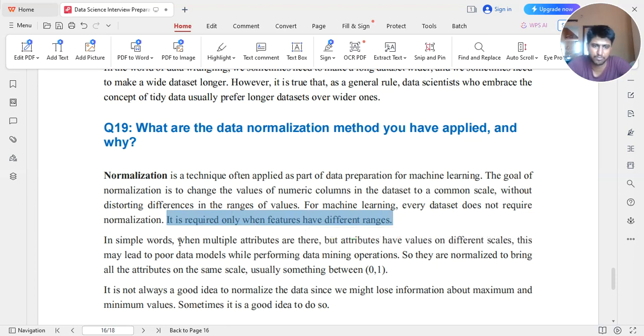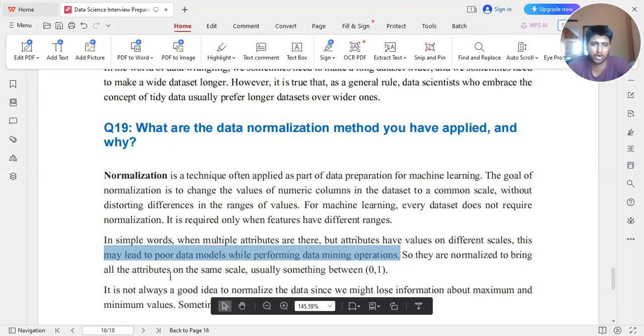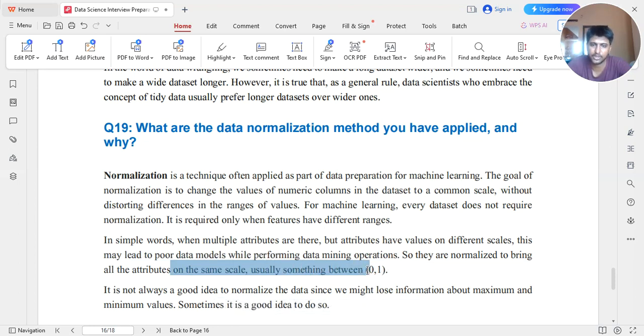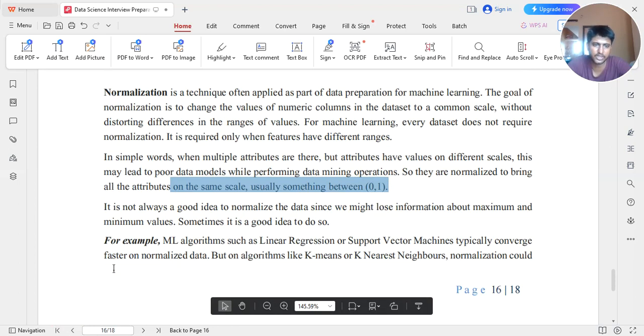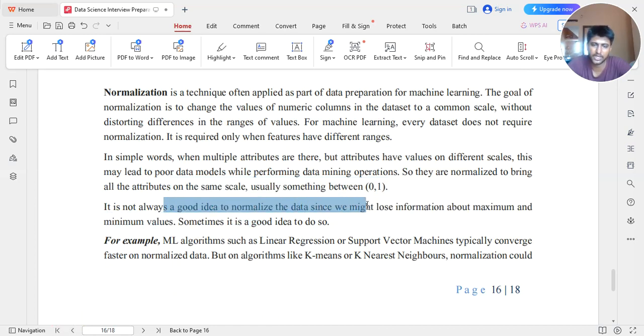In simple words, when multiple attributes have values on different scales, this may lead to poor data models while performing data mining operations. So they are normalized to bring all the attributes to the same scale, using something between 0 and 1. It is not always a good idea to normalize the data since we might lose the information about the maximum and minimum values, though sometimes it is a good idea.